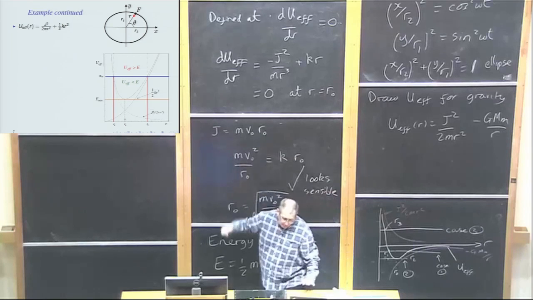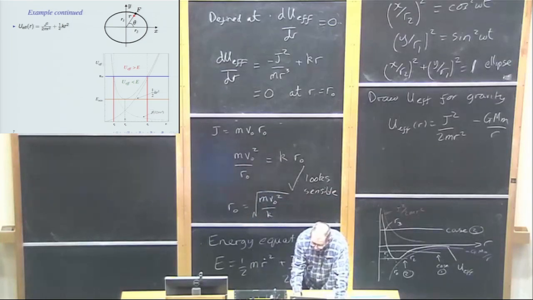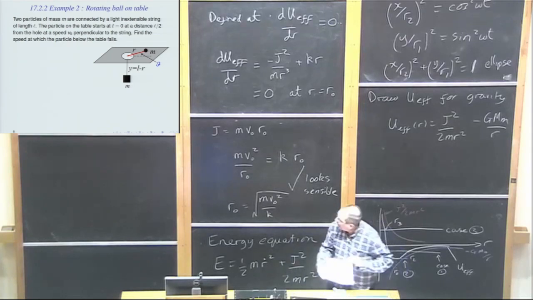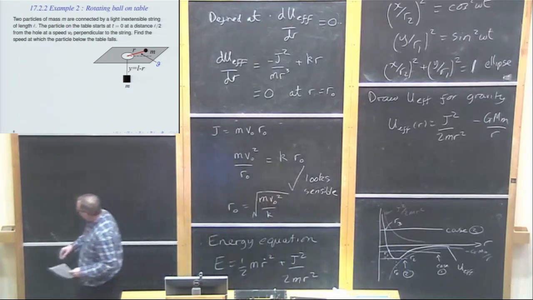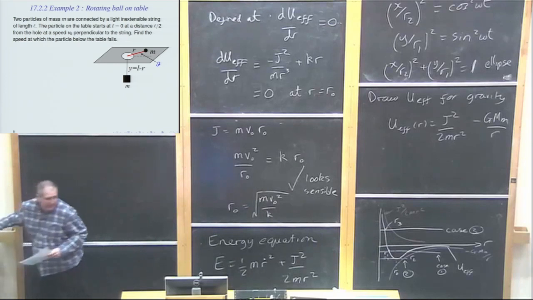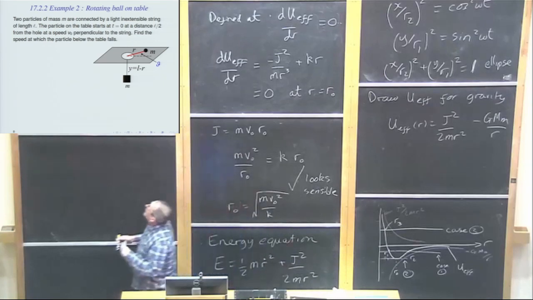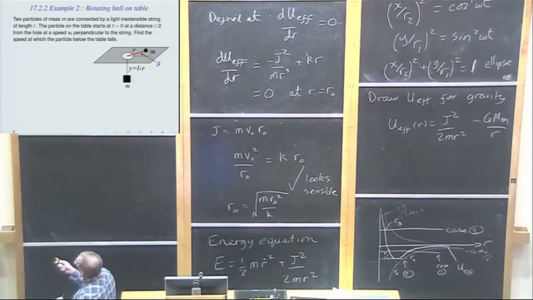So that's one problem which we solve with the effective potential. Here's another one, again slightly more elaborate. What's going on here? So we have a tabletop with a hole in the middle, and we have a string which is connecting two masses which are equal, m and m. The string is inextensible, so it doesn't stretch.